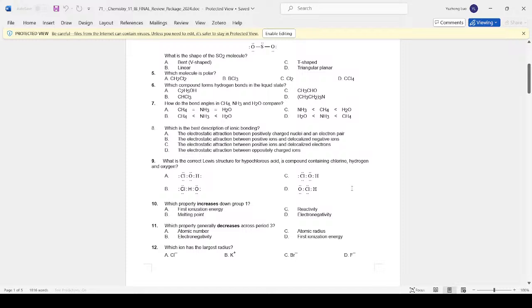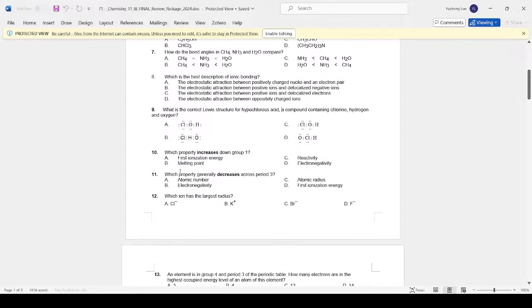Can't be A or B. Should be D, I think. No. Yeah, it's C. Okay.